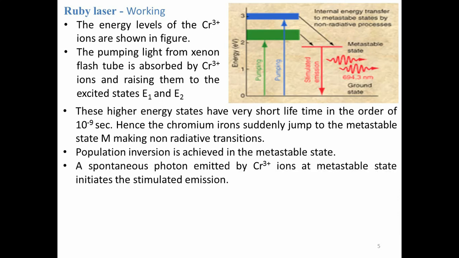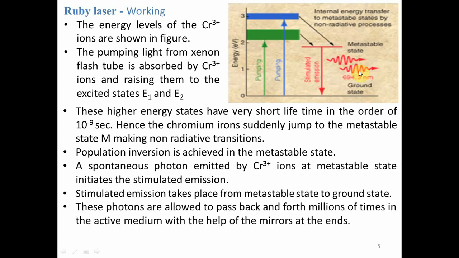Then, a spontaneous photon emitted by Cr3+ ions at the metastable state initiates the stimulated emission. The spontaneous photon interacts with the higher energy ion, and during stimulated emission, laser light is produced.